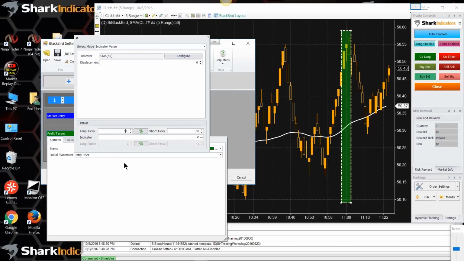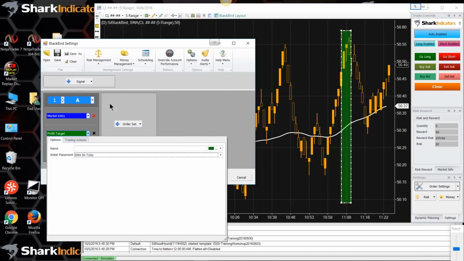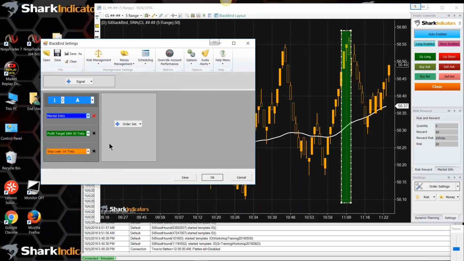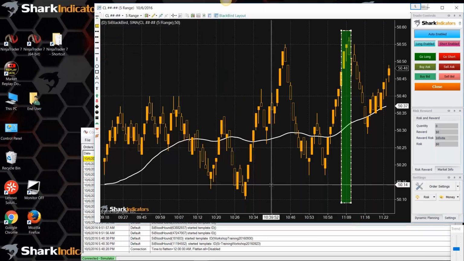And we want a 50 tick offset from the SMA 50. Okay. And just for fun, we'll throw a stop loss in there.